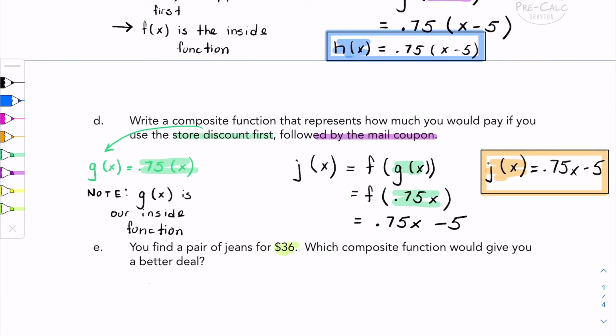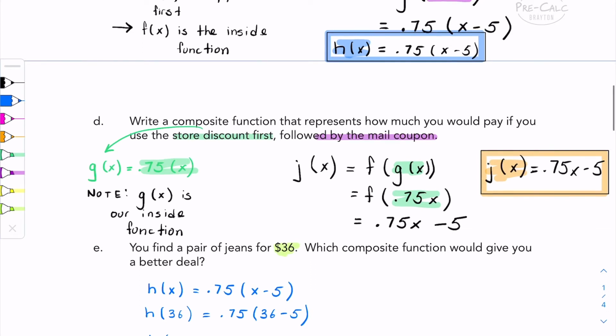So if I start with h of x, which is equal to 0.75 times x minus 5, I'm going to substitute 36 in for x. We have 0.75 times 36 minus 5. 36 minus 5 is 31, so 75% of 31, or 31 times 0.75, is equal to $23.25.